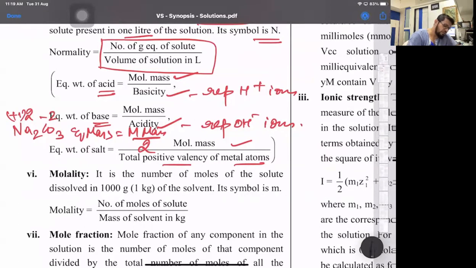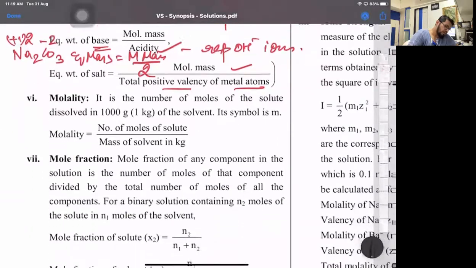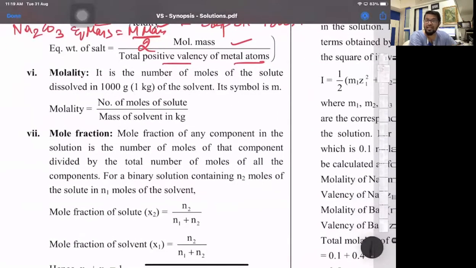Or if I have to put up the formula, it will be the given weight divided by its equivalent weight into the volume of the solution in liters. Okay, that's normality. Then comes the next feature, molality.